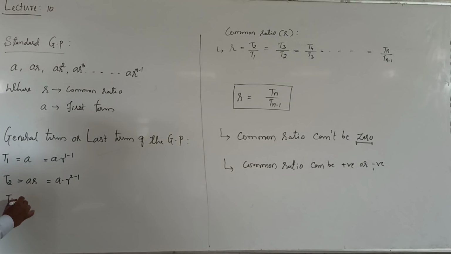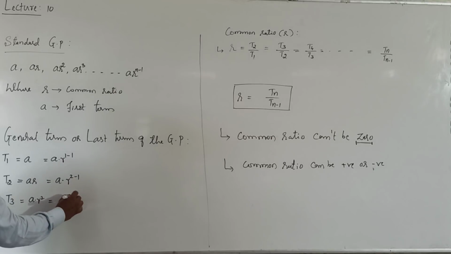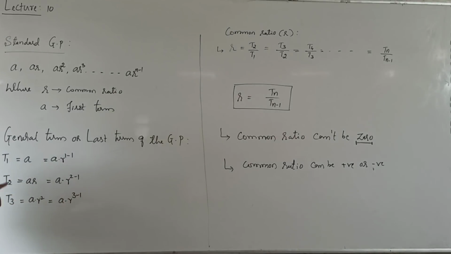And third term T3 is A into R square. Just rewrite it: A into R power 3 minus 1. First term R power 1 minus 1, second term R power 2 minus 1, third term R power 3 minus 1. Now tell me what is Tn? We can generalize from this.